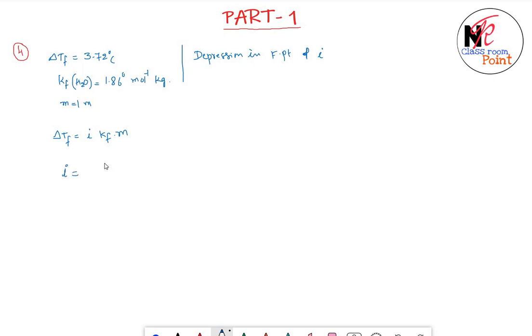So the i value equals delta TF by KF into m. Now let's substitute these terms: 3.72 divided by 1.86 into 1 molality, that equals 2. So the complex is able to provide 2 ions.